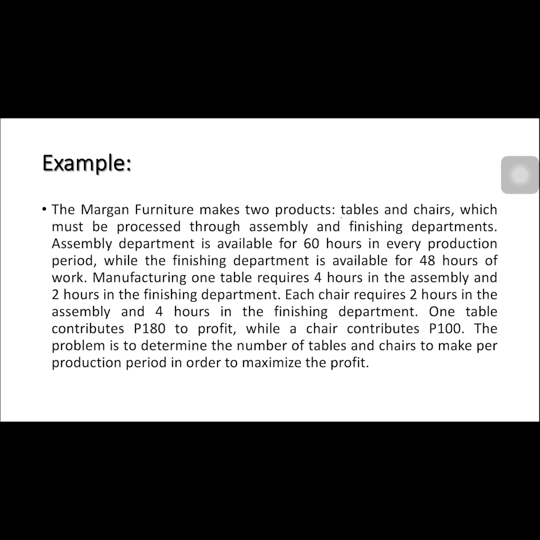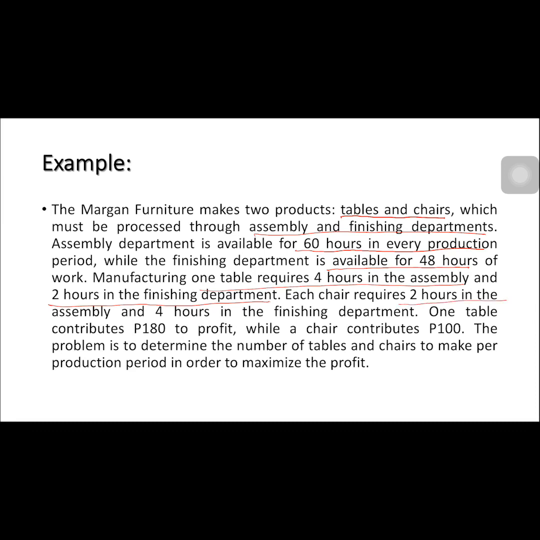For our example problem, the Morgan Furniture makes two products. We have tables and chairs, which must be processed through assembly and finishing departments. Assembly department is available for 60 hours in every production period, while the finishing department is available for 48 hours of work. Manufacturing one table requires 4 hours in the assembly and 2 hours in finishing.